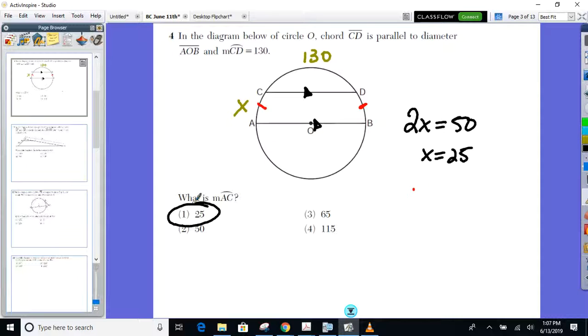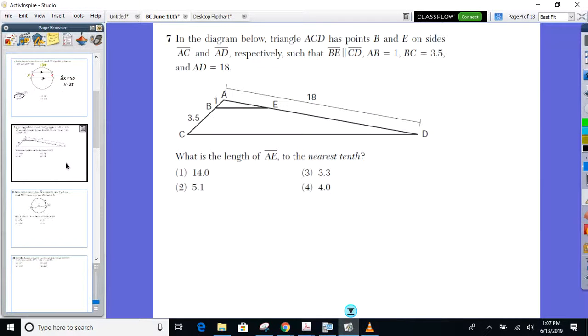Okay. Any issues there? Keep that cold hard facts open because you're going to need it for another circle question in a second. But number 7 in between. Yeah, that was hard. Only reason I want to do this one with you is not to solve it, but for the following.